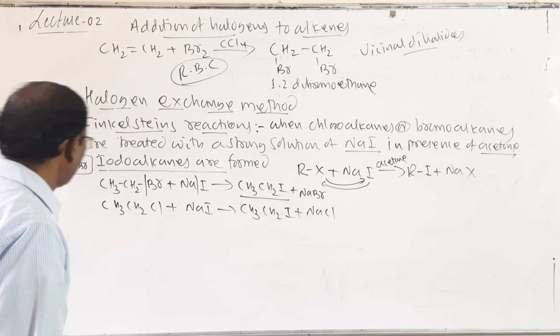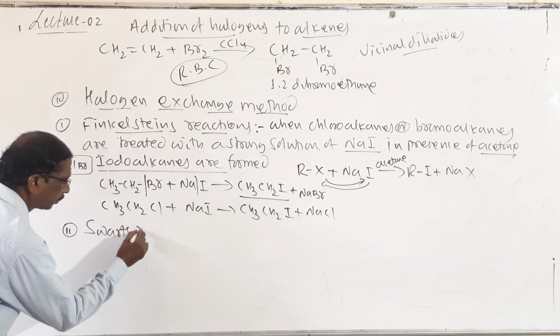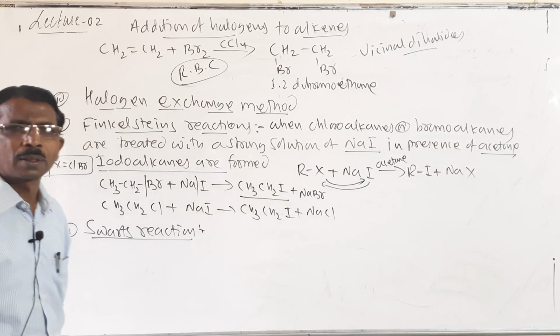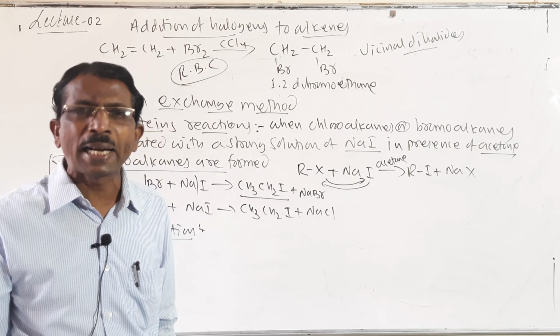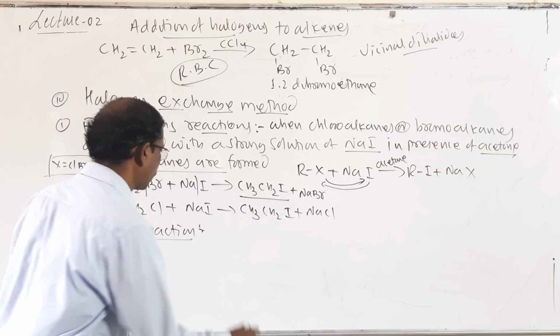Then another important reaction is called the Swarts reaction. Look here students, here we can obtain fluorides, that is alkyl fluorides or fluoroalkanes.